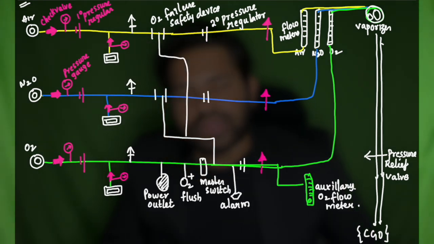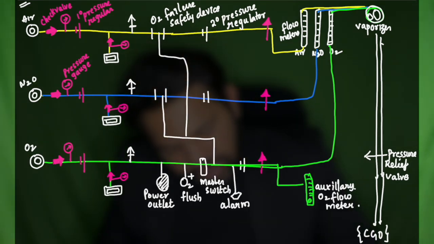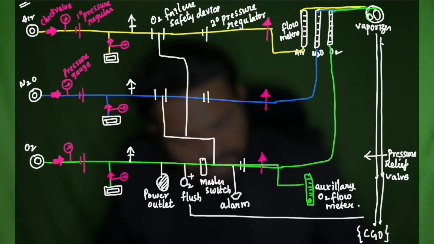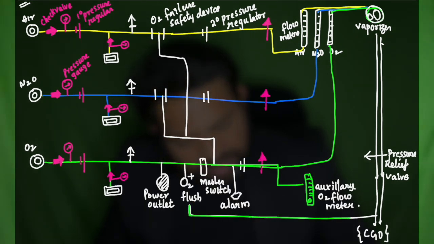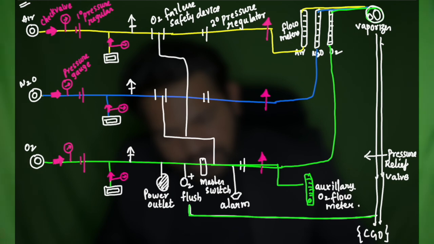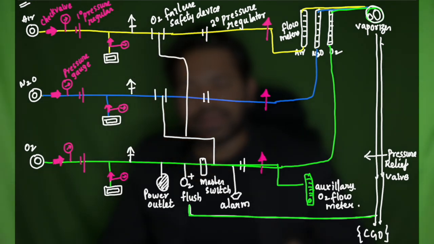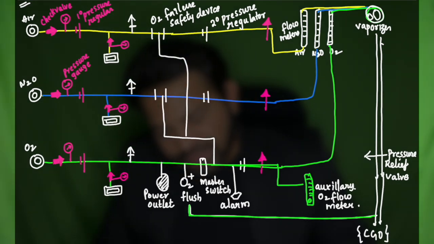And one more thing you have to remember over here is that the oxygen flush is directly connected to the common gas outlet. The oxygen flush button is directly connected to the common gas outlet. I hope this is clear till now. This is a simple line diagram.